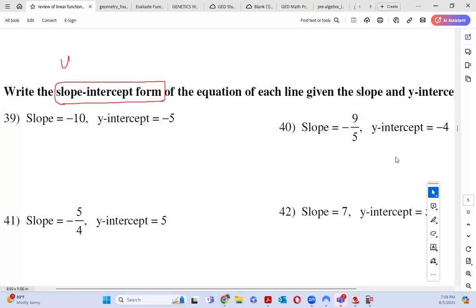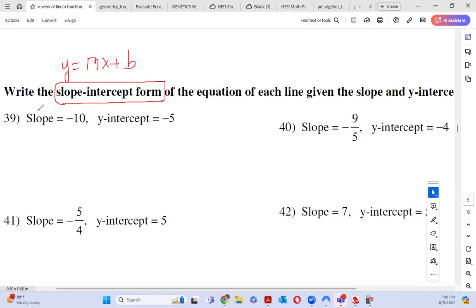So it's supposed to be y equals... No, tell me what the slope intercept form is first. Oh, y equals rise over run? Nope. Or mx plus b. Mx plus b. So that's the first. Remember I told you about vocabulary. Slope intercept form is y equals mx plus b. You must know that.